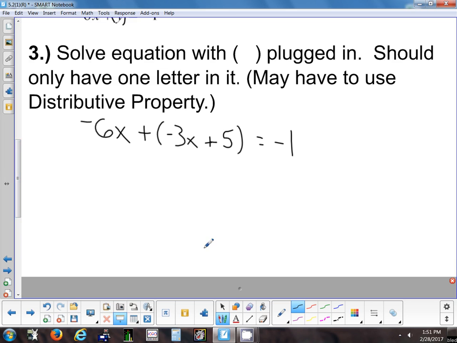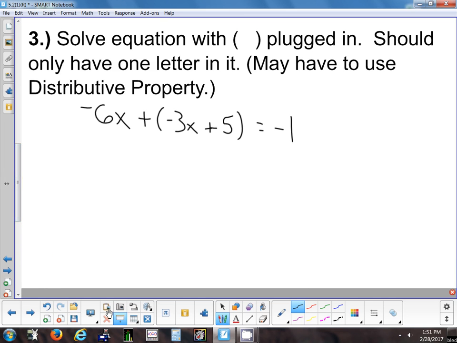Now, I've got my parentheses here. I can rewrite it because I can say there's a 1 there to distribute, but it's not going to change anything. So if there's a positive sign outside your parentheses, it's not going to change anything. This is still going to stay as negative 3x. That's still going to stay as positive 5. So all I'm going to do right now, guys, is just rewrite it without the parentheses.